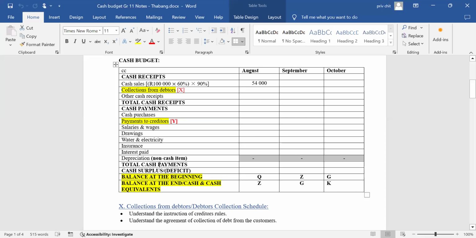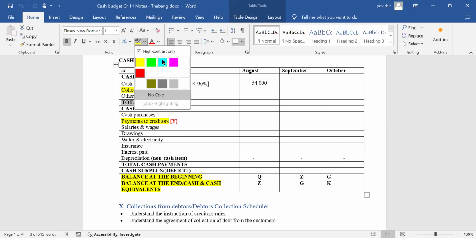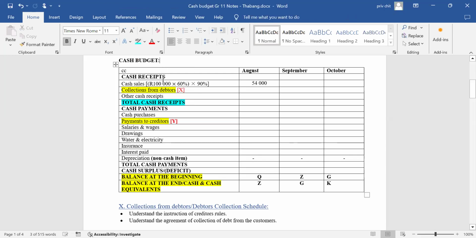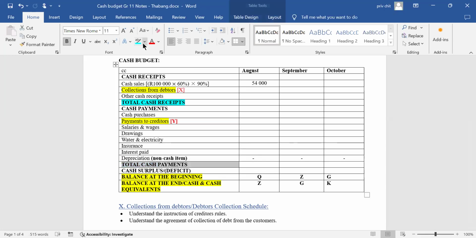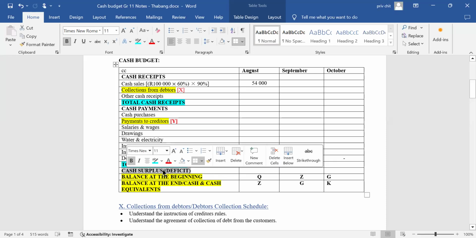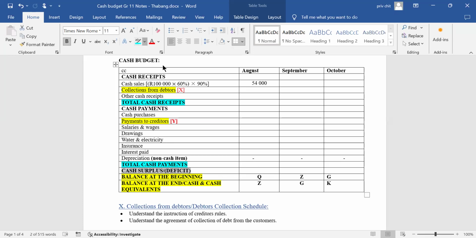Right. And then we need to get the total cash payments, which is what you would reflect there. The difference between the total cash receipts minus the total cash payments is what gives you a cash surplus or a cash deficit.